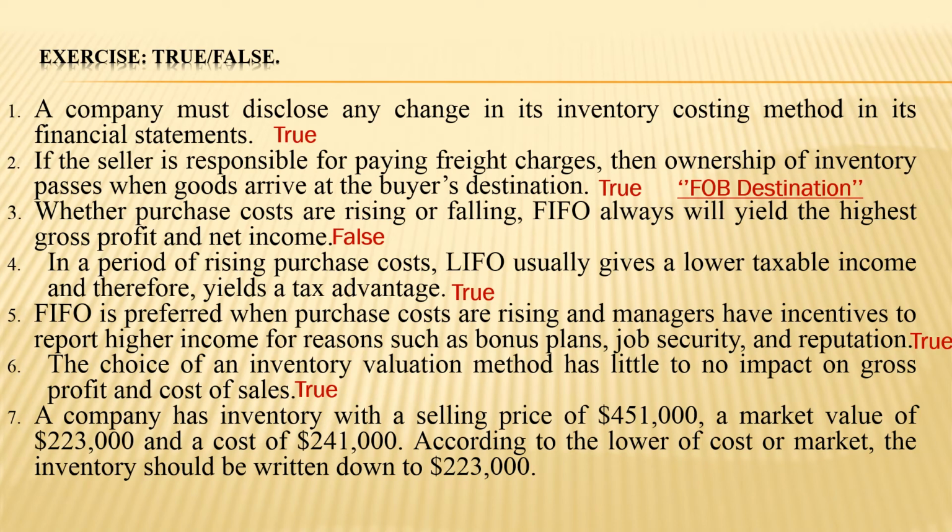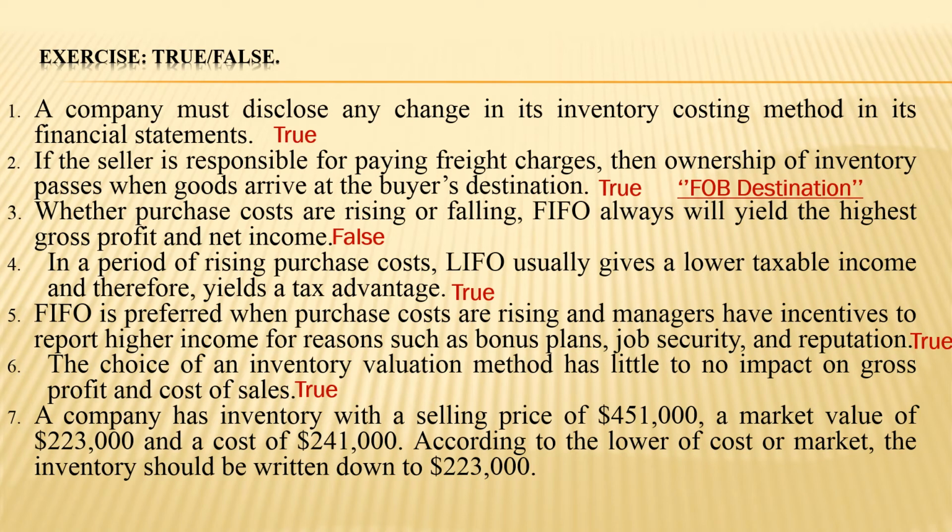The last one here, number 7. A company has inventory with a selling price of $451,000, a market value of $223,000, and a cost of $241,000. According to the lower of cost or market, the inventory should be written down to $223,000.